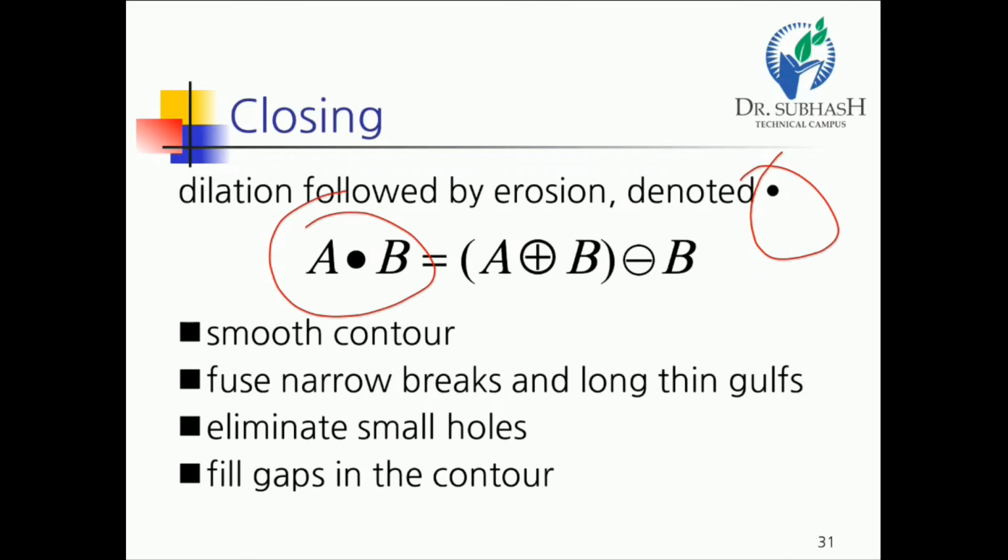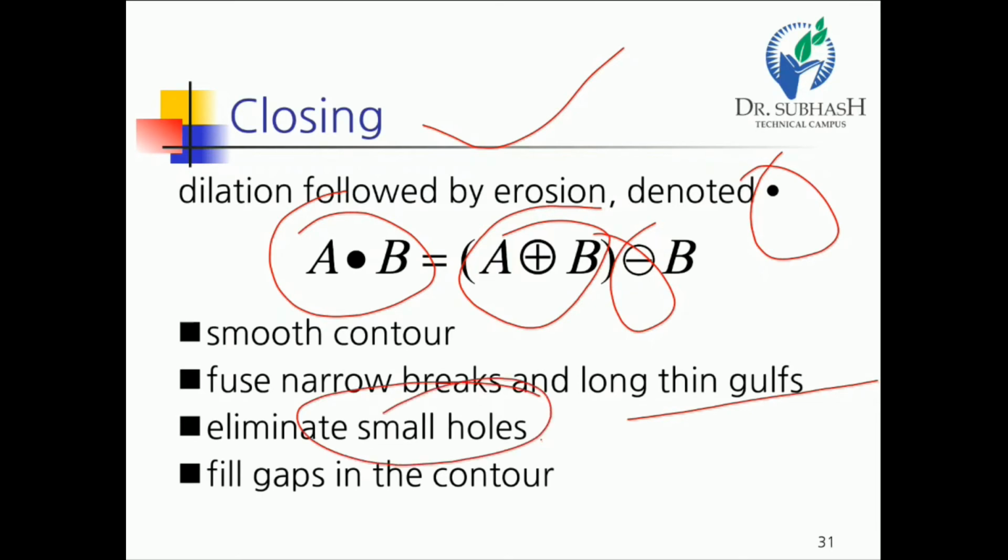So A closing B means first dilation followed by erosion: A dilation B, and the resultant is eroded with B. This characteristic is used to smooth the contours, fuse narrow breaks and long thin gulfs, and eliminate small holes. This is the main function of closing in morphological image processing, and it fills gaps in the contour. These are all applications of closing.